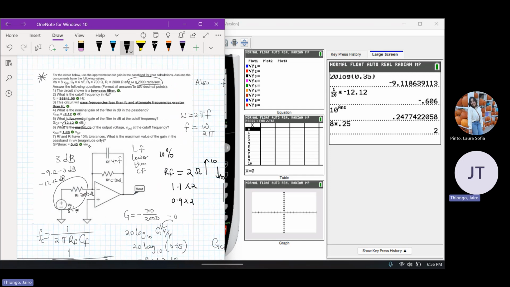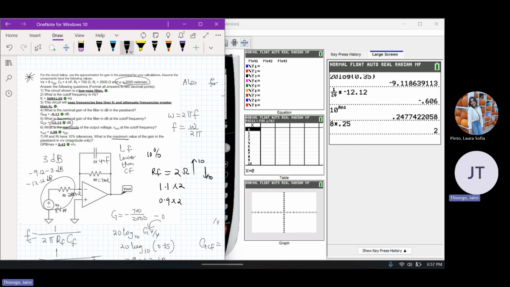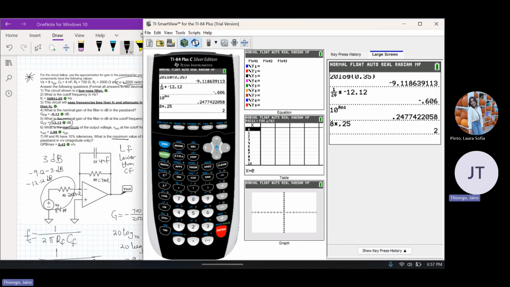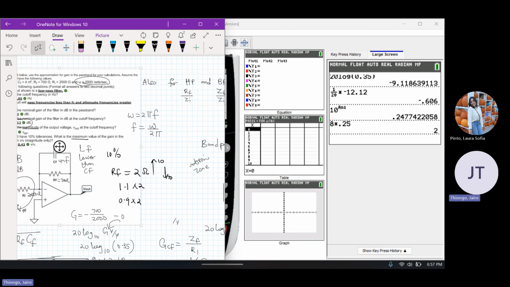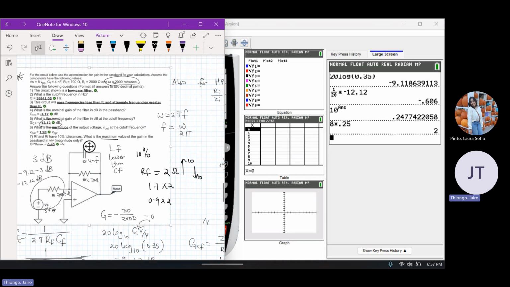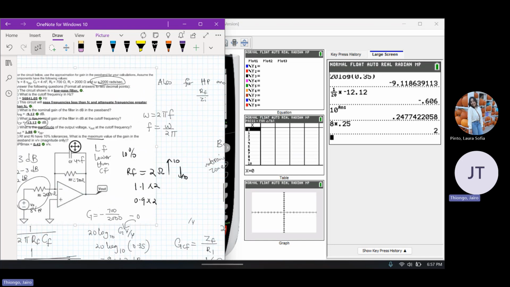So what is the maximum value of the gain in the passband? In the passband, you're just doing RF over RI. For you to find the maximum, what do you think RF has to be if you're finding RF over RI? RF has to be the highest. So you're going to take the higher of the percentage on the top, 7,000, and the lower on the bottom, 2,000.